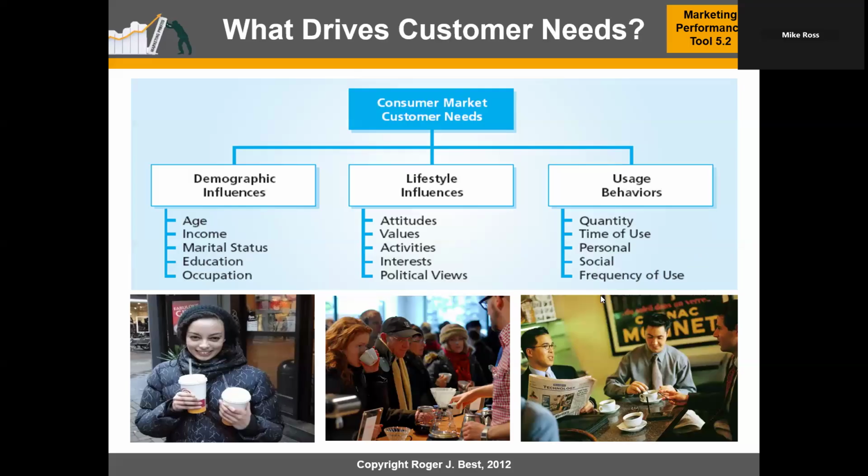We could even have variations or permutations within that. But that just gives you the idea of all of a sudden, when you look at all of these different attributes, market segmentation can become fairly complex. And there are several methodological research tools that we won't get into too much in this course, but that would help us to be able to identify those different segments.